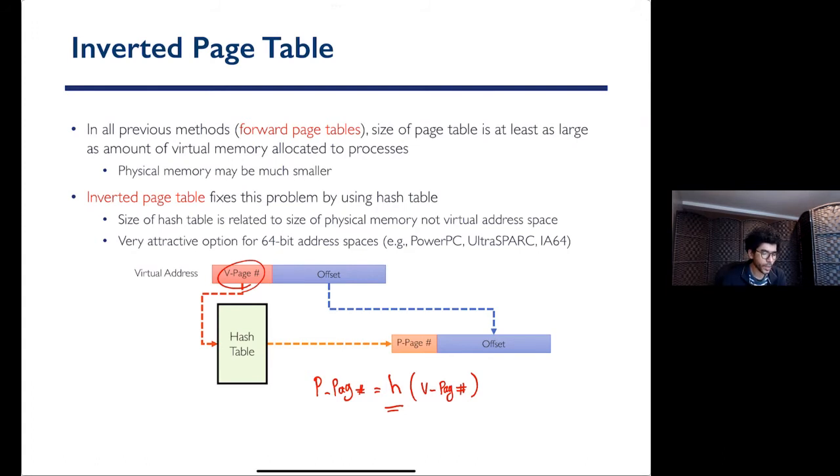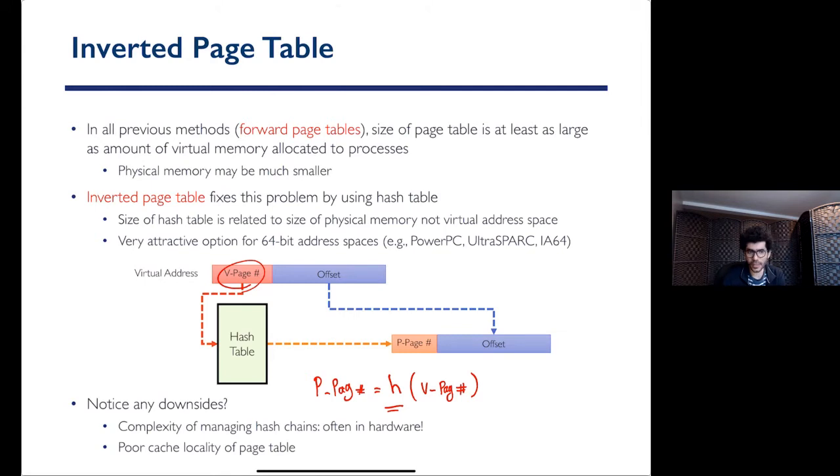Now, the difficulty of this is the implementation of this hash table in memory. Potentially we want this to be done in hardware, so the hardware has to implement this hash table. So that's extra complexity for hardware.